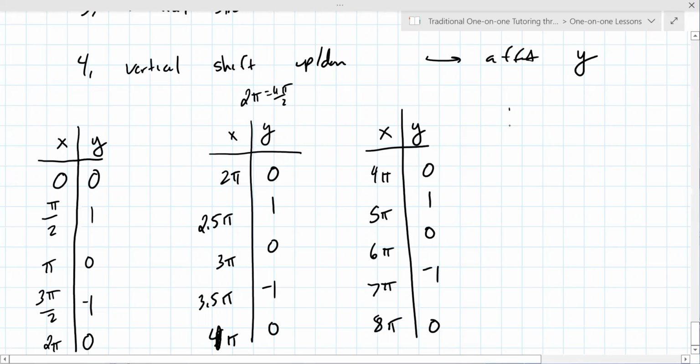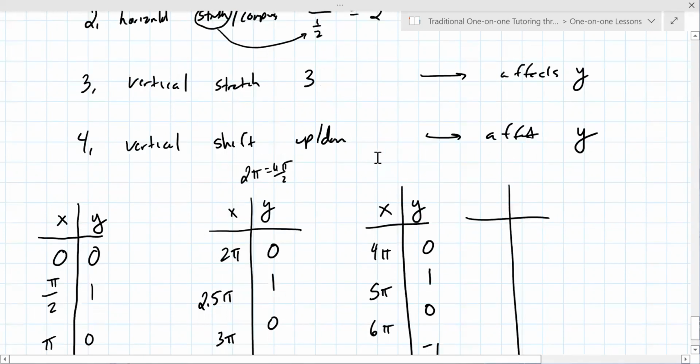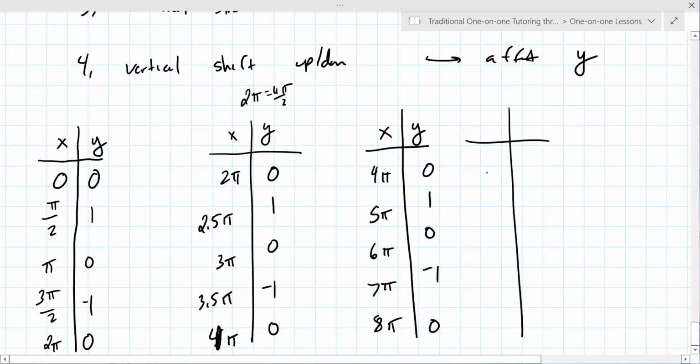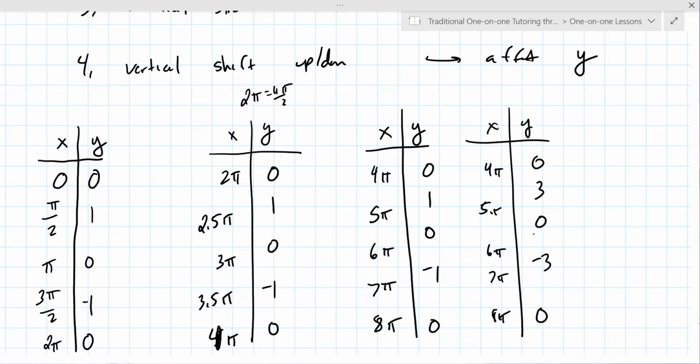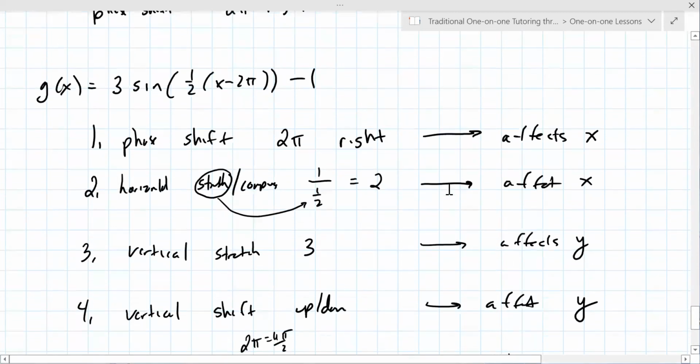Okay, so the next two affect only the y. So the vertical stretch of 3, you're going to multiply all your y's by 3, but your x's don't change. It's pretty common to get a lot of zeros. And then the last one is down 1.